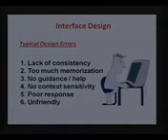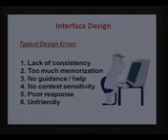Now beyond this point, let's look at what other factors can help us in interface design. We perceive interface design in the manner that typical design errors are observed and noticed, and these include lack of consistency, too much memorization, no guidance, no context sensitivity, poor response, and being unfriendly.